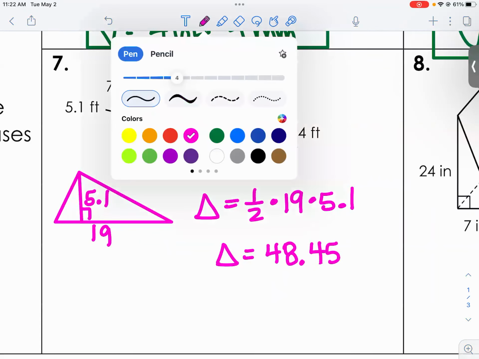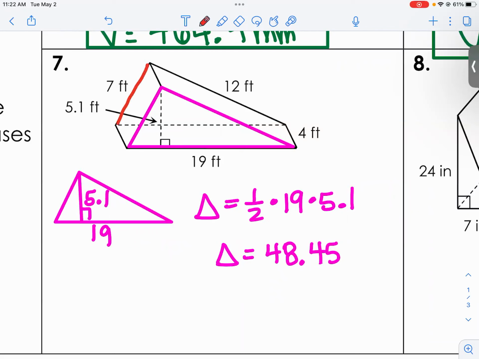So then when you're looking at what number is the height of my prism, some of you said 7. Is 7 a part of the triangle or connecting the two triangles? It's a different triangle. Is 12 on the triangle or connecting two triangles? It's on the other one. Is 4 on or connecting? What's 4? So for our volume, we are going to take the area of our triangle times 4.